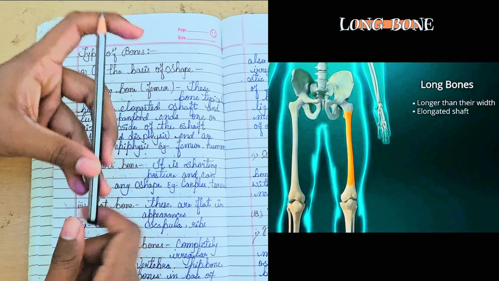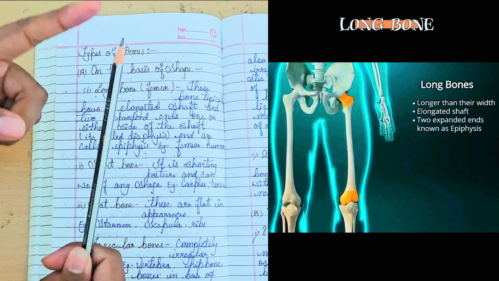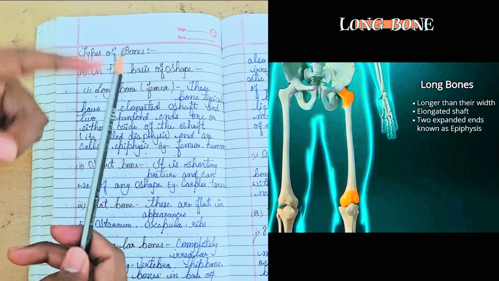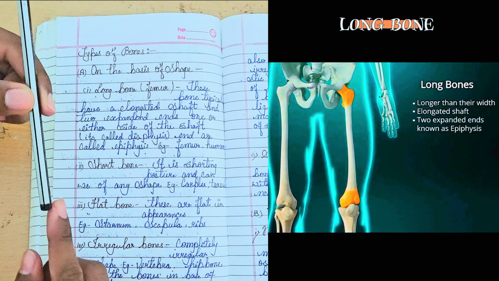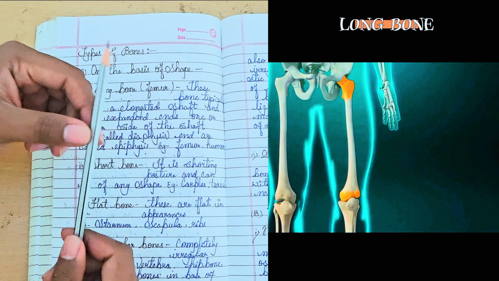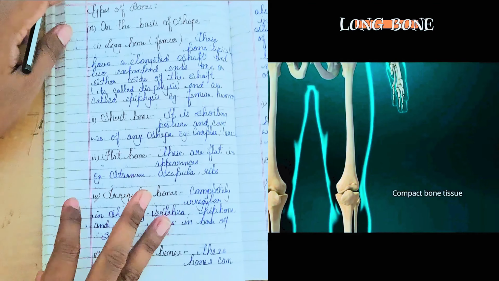Like this is a bone with 2 ends, and in between there is a shaft, with a proximal and a distal end. Examples of long bone are femur and humerus.